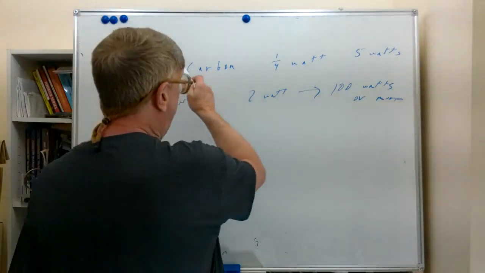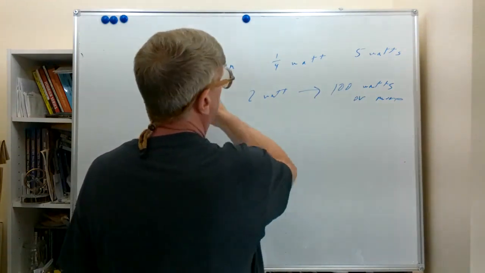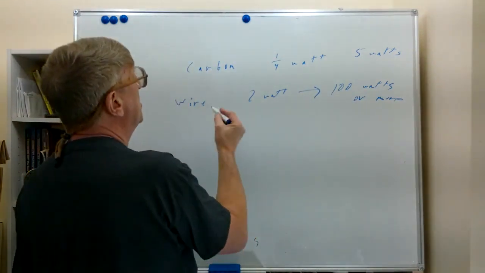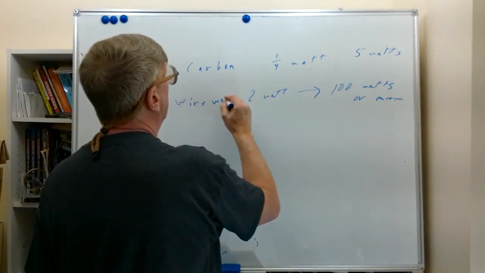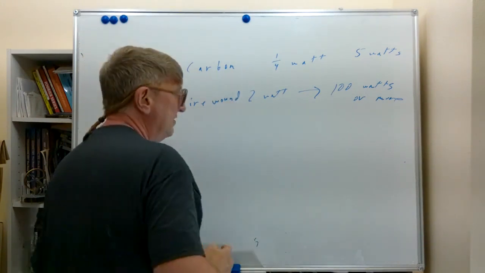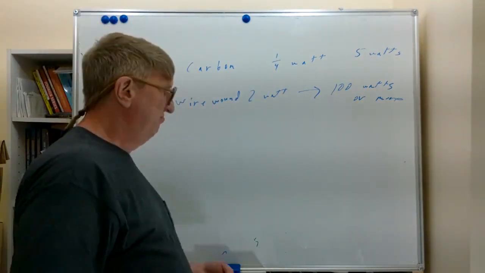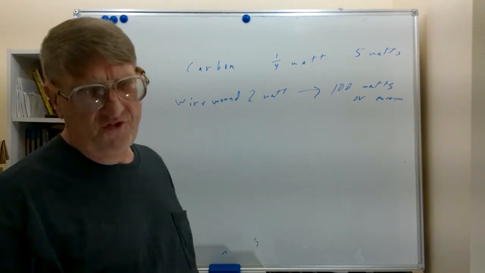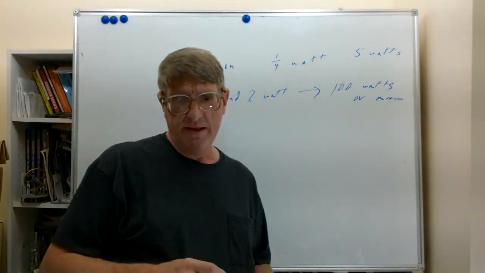This is a wide range of resistances, where the wire wound is usually lower value, 50 ohms or less, maybe.